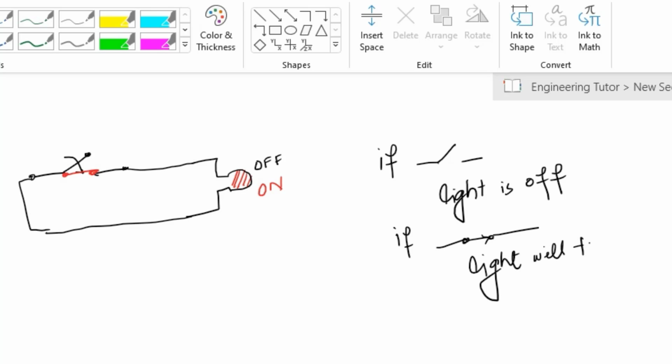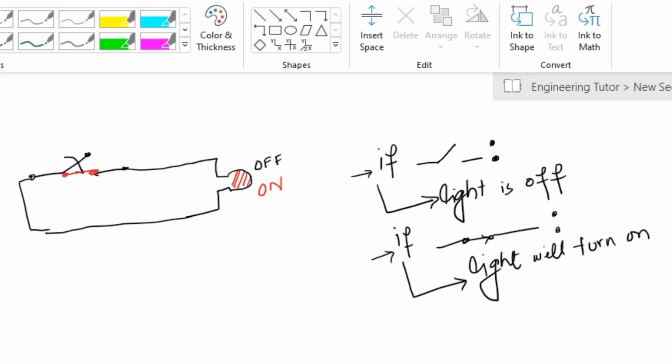The light will turn on. Okay, so these are basically two statements, and we can also represent them like this. In order to distinguish these two statements, I can write a colon at the end of each if statement. So if the first is true, this will happen. If the second if is true, this will happen. So these are two basic if conditions or if statements.